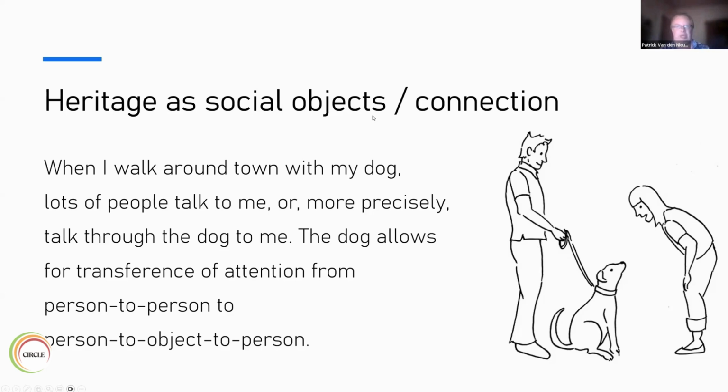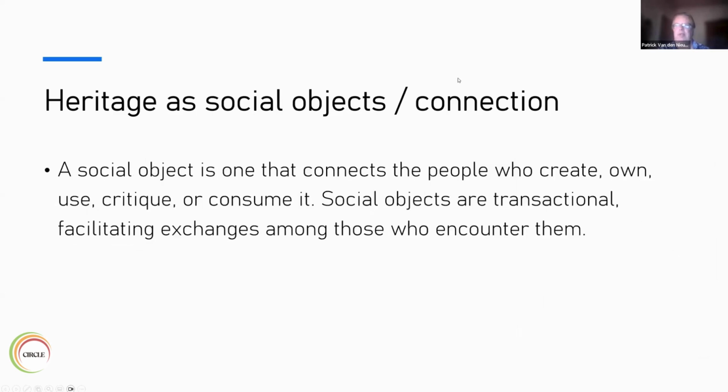If you define it as a social object, it has the potential, this object, this heritage, to start a discussion, a talk between people, and to connect people to each other. But a social object is one that connects the people who create, own, use, critic, or consume it. So it's a transaction that you make.